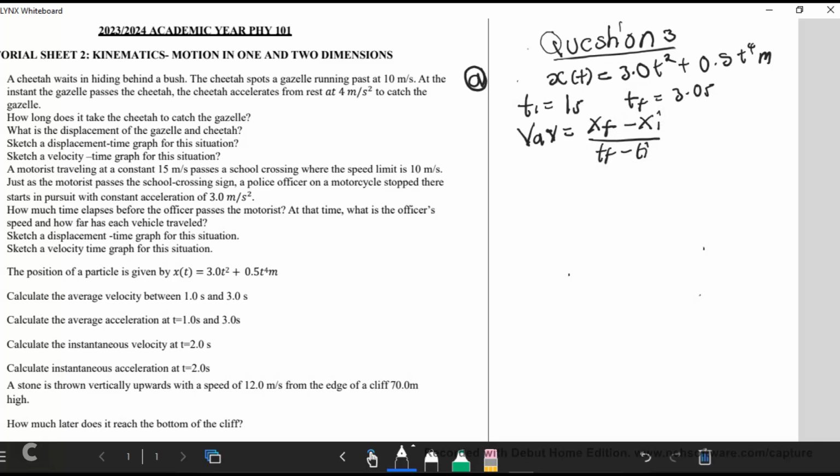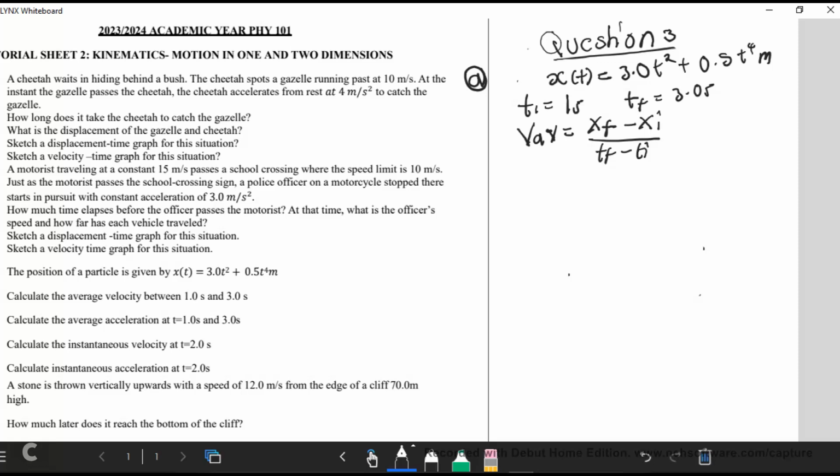This is how you calculate the average velocity. We don't have the final displacement, and we don't have the initial displacement. What are you going to do? You are going to replace the initial time and the final time into the equation.